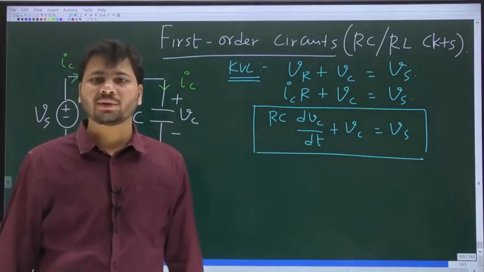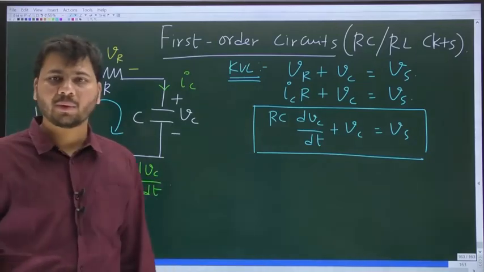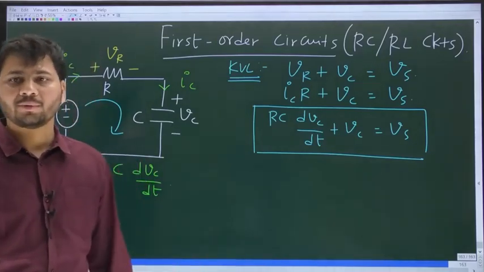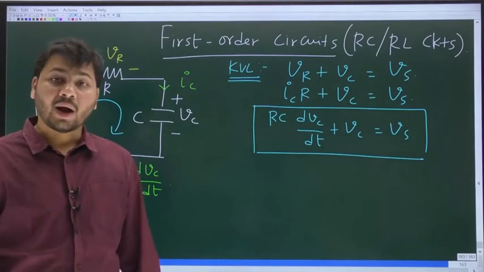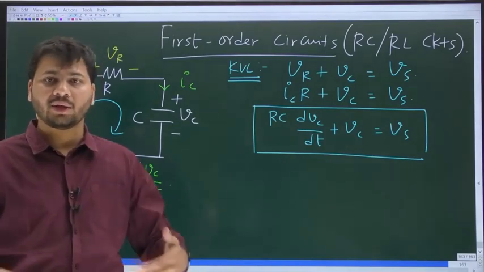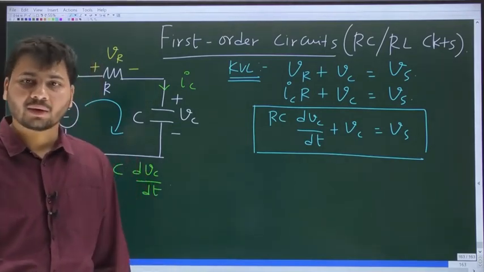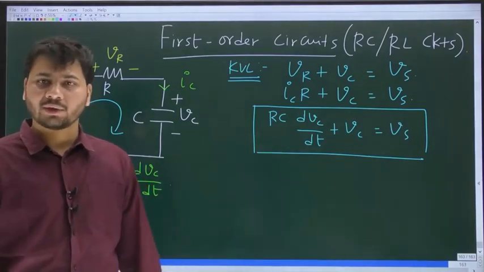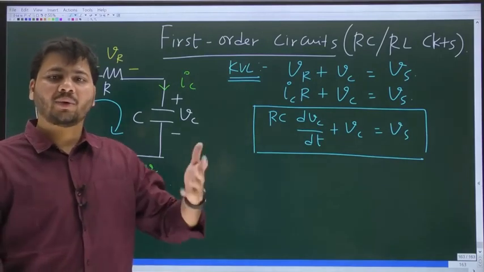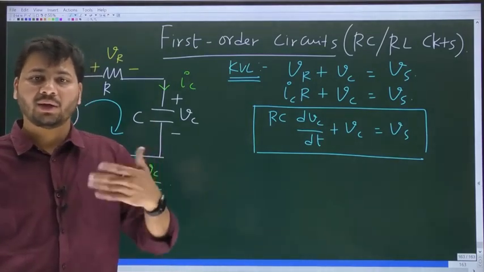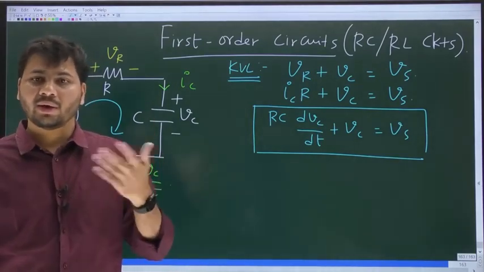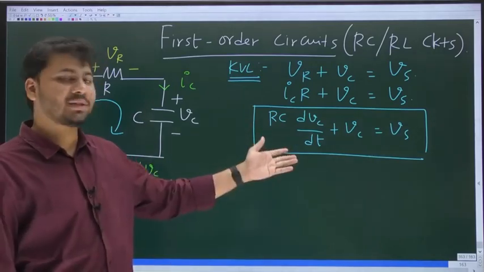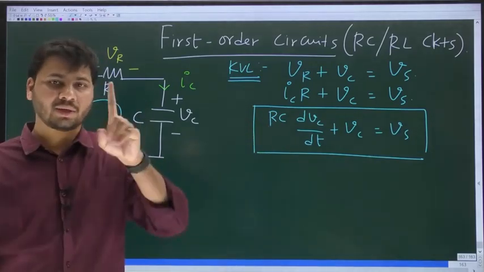So what kind of equation is it? Is it not a differential equation? Now you know, for every differential equation, there is going to be something called order. What is the order of this differential equation? Is it not a first order differential equation? Order is related to the highest degree of the derivative, the highest derivative that is involved. Here the highest derivative is dVc by dt, the first derivative.